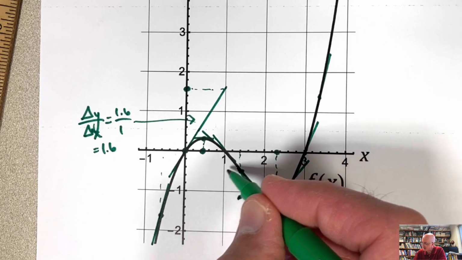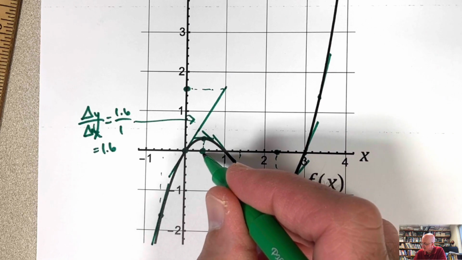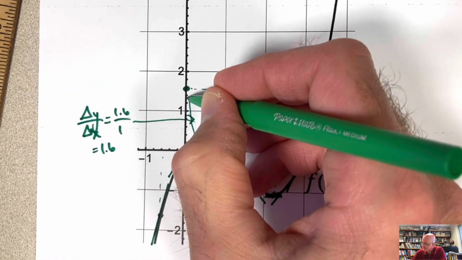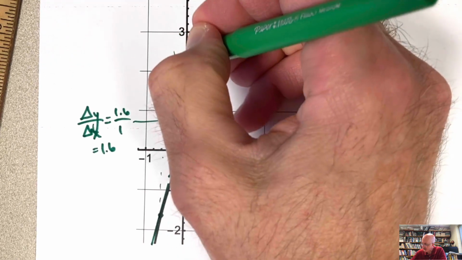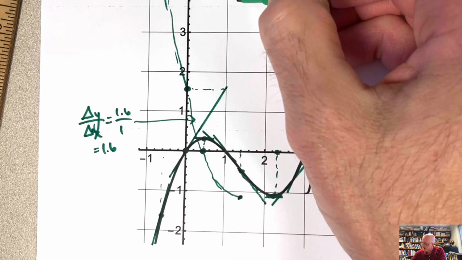Where is the slope of the black graph most negative? Right around where I've drawn it there is where it's most negative. And this parabola or parabola-like graph would have symmetry about a vertical axis through the vertex.